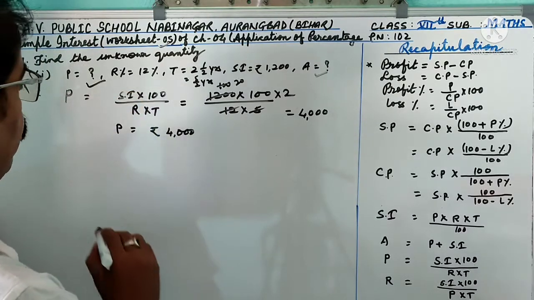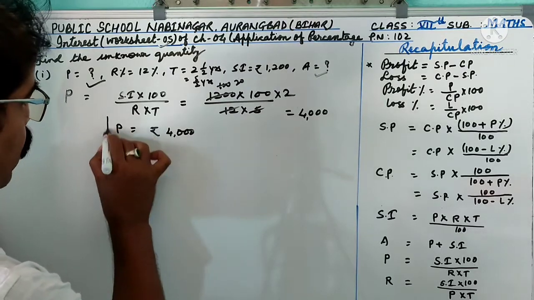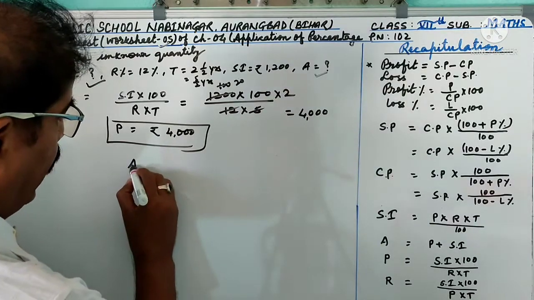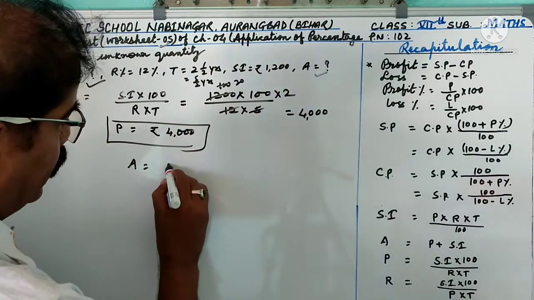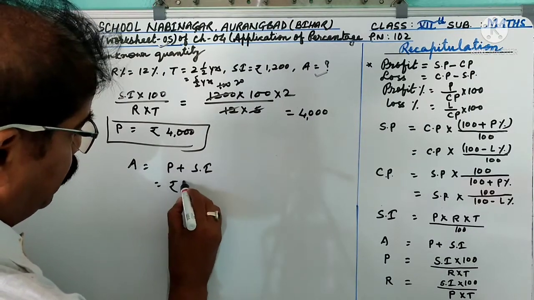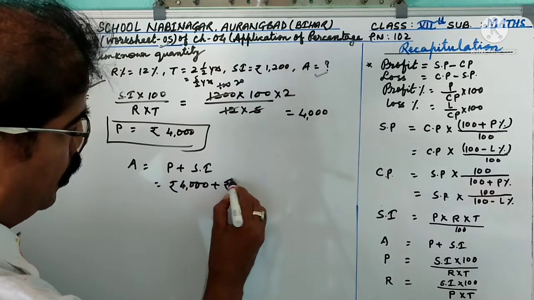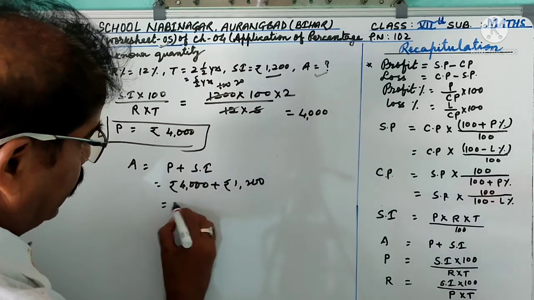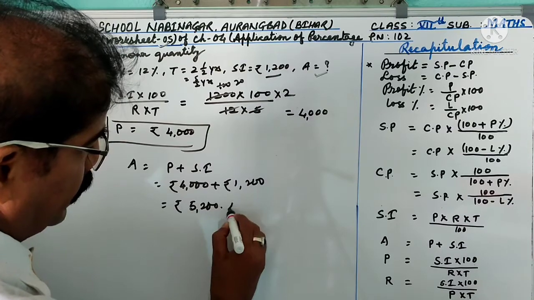First, P was unknown, so P equals 4000, and now the amount. We know that amount equals P plus SI, so rupees 4000 plus SI, which is rupees 1200, gives rupees 5200.